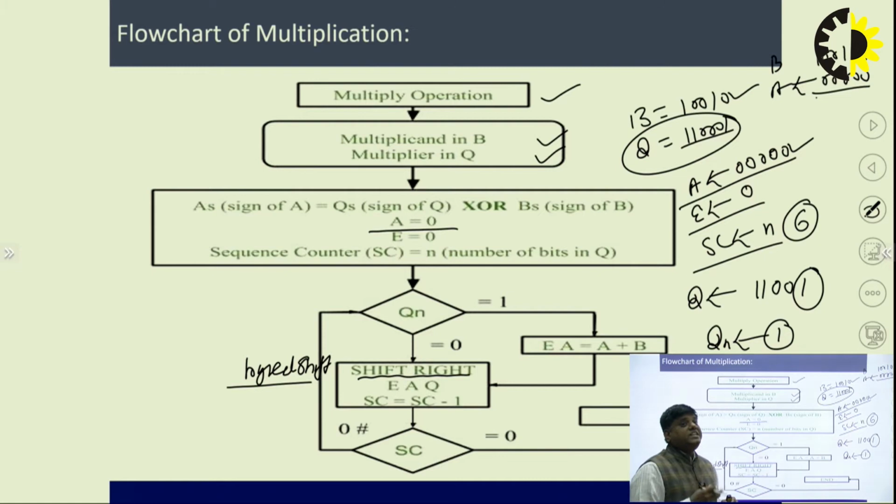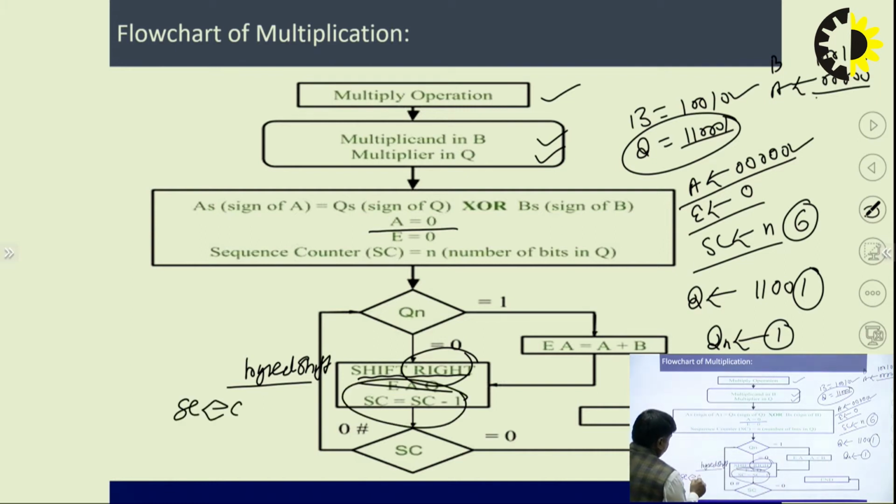We shift the three registers E, register A, register Q. Now registers AE, AQ, shifting one bit to the right side. Logical shift right of EAQ. That is the second operation. And after shifting, SC becomes SC minus 1.